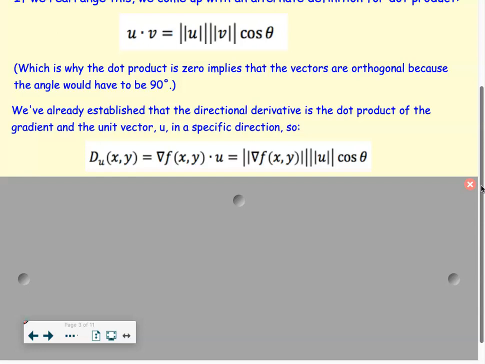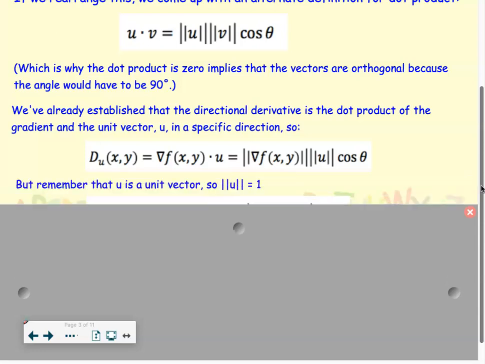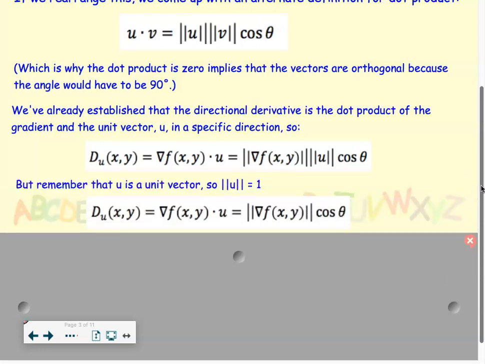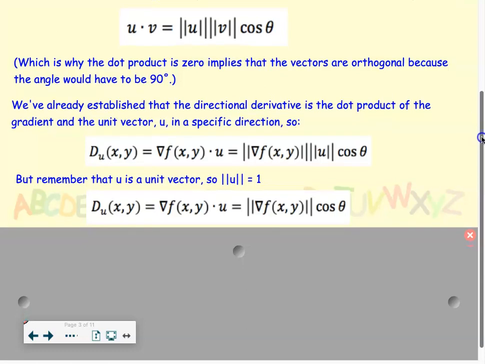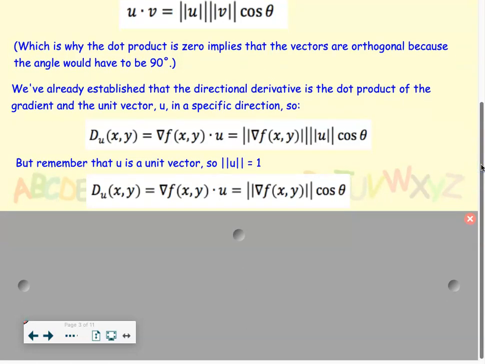It's 1, right? So now what we get is that the directional derivative, which is the dot product of the gradient and the unit vector, is equal to the magnitude of the gradient times the cosine of the angle between the gradient and the vector you're interested in. Okay. So now we've got this.